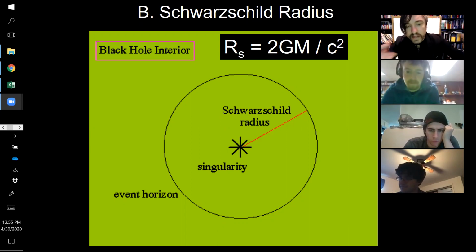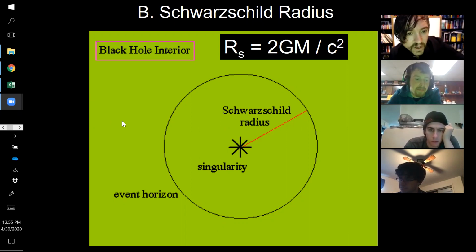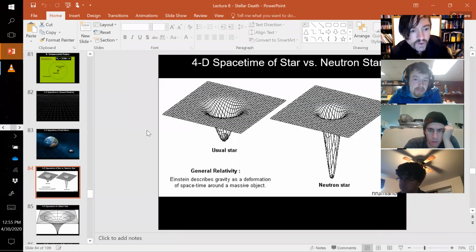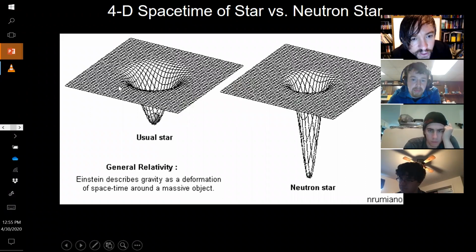And in general relativity, of course, we understand gravity as a warping or a curving of space-time. So if I could show you a little comparison picture here, a normal star like our sun, if you compute the curvature of space-time around it, you find that it mostly obeys Newtonian gravity with very, very slight deviations.